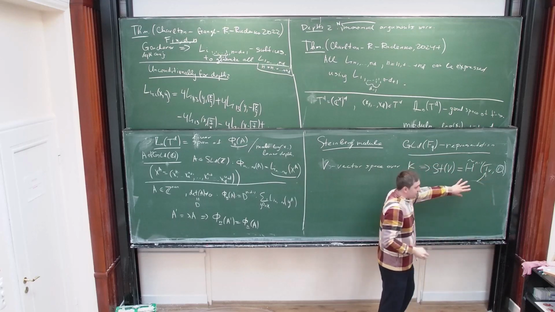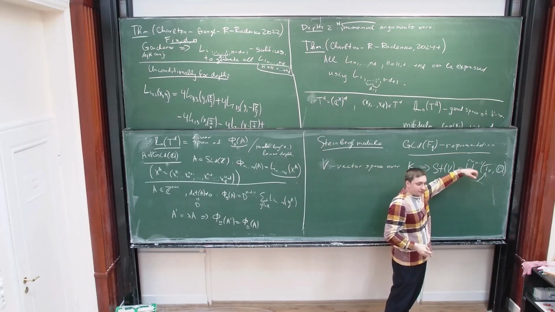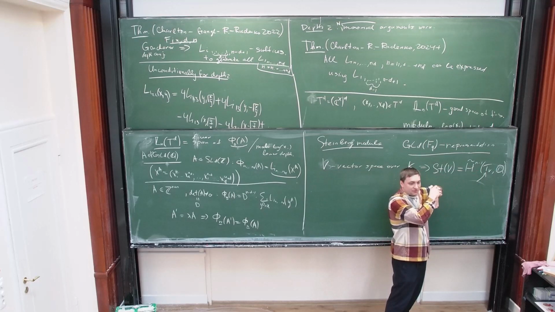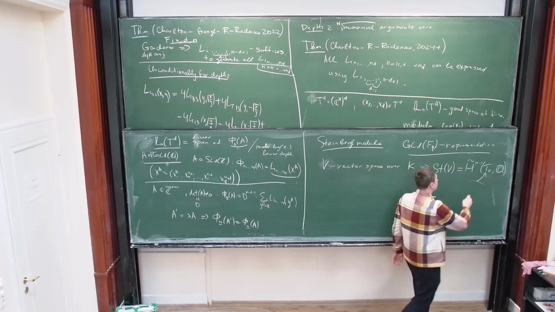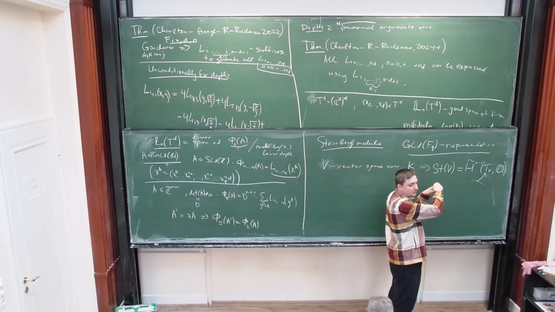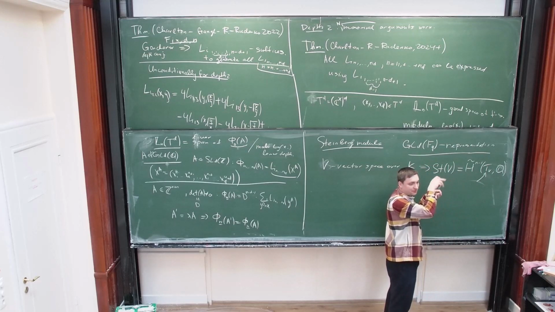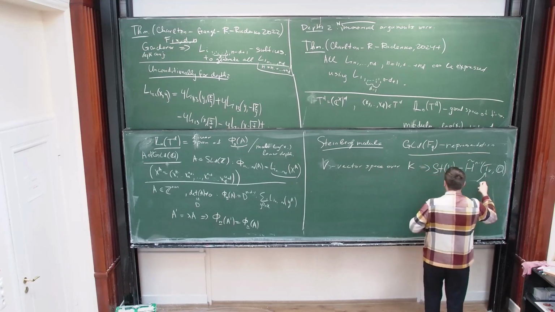This is the simplicial complex of the poset of non-trivial subspaces in V. You can write down simplices as partial flags of subspaces, and you can do computations here.